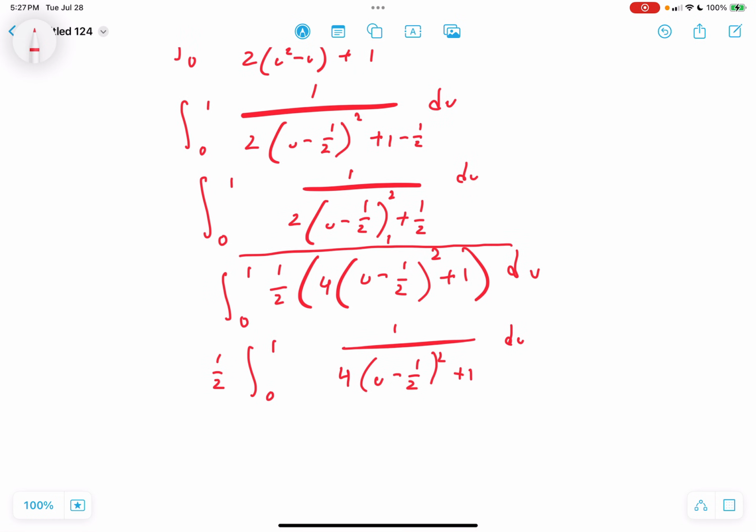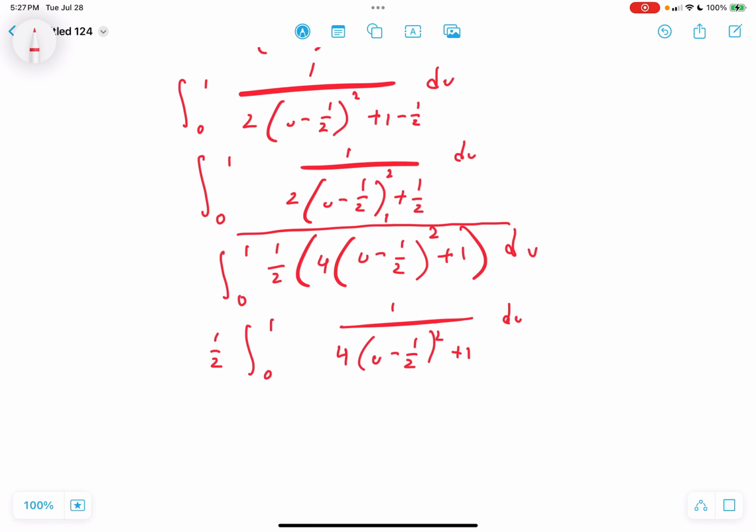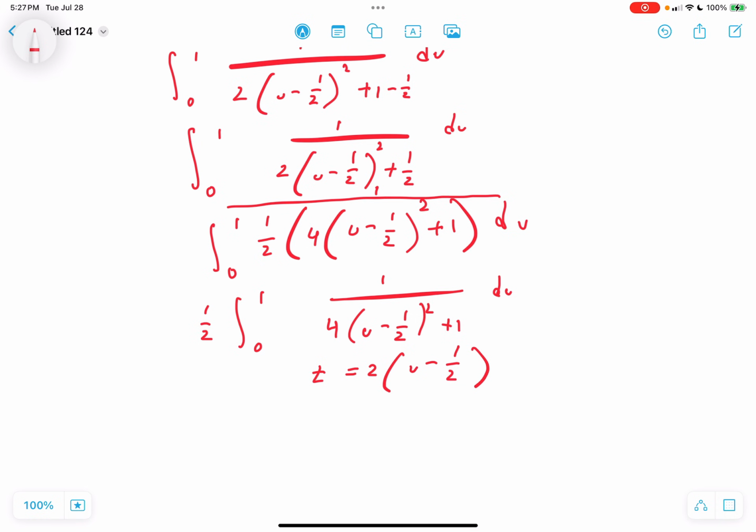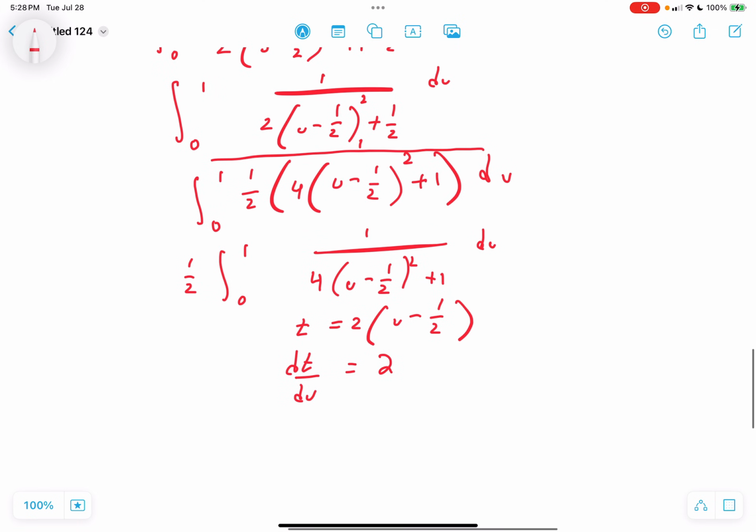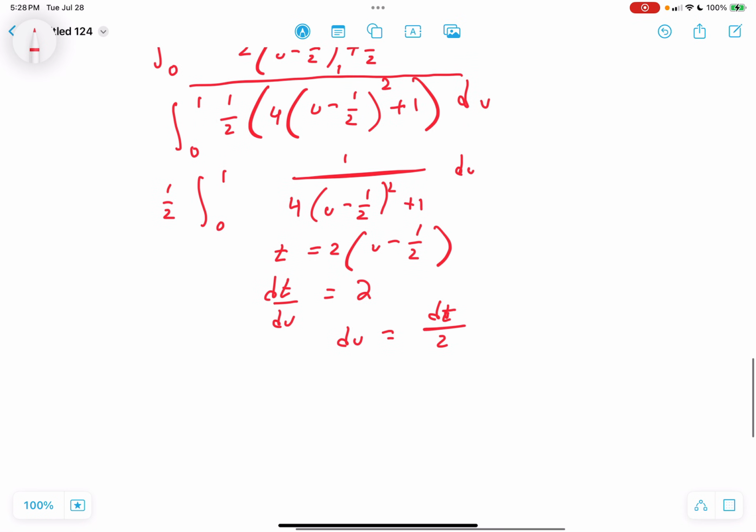And now what I'm going to do is, let's pick another variable. Let's just say t. I'll let t equal 2 times u minus 1/2. And then dt du is going to be equal to 2, and therefore du equals dt over 2. So now I can change my limits again.